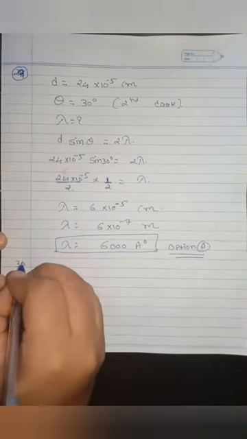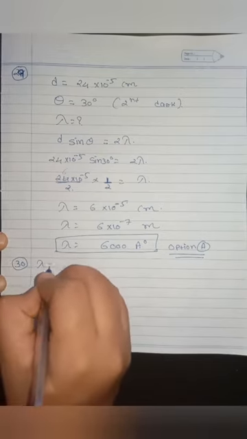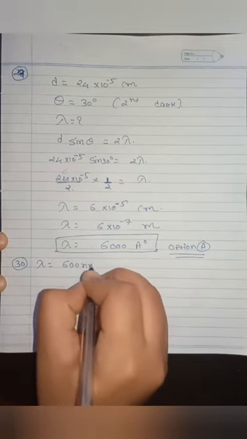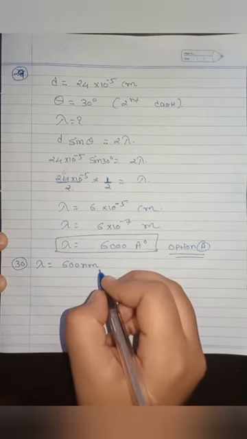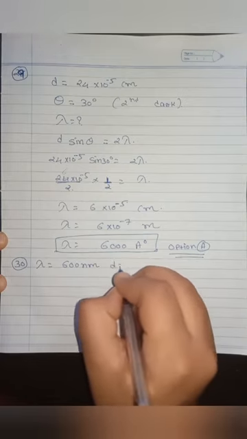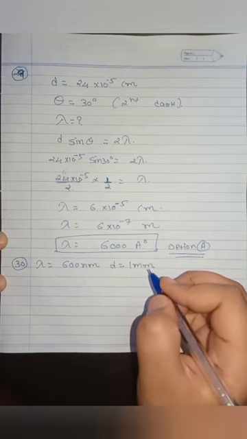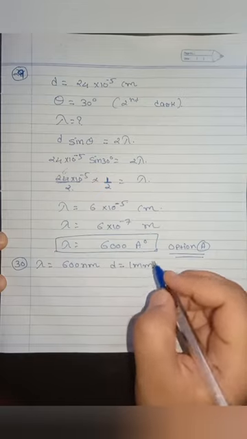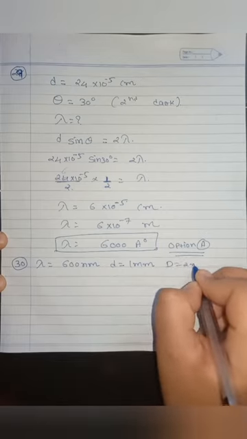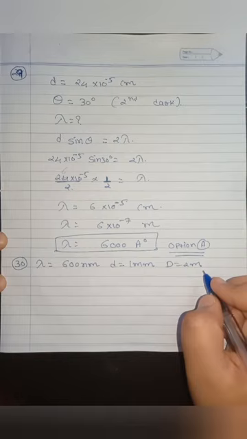In question number 30, a beam of light of wavelength 600 nanometer from a distant source falls on a single slit 1 mm wide, and the resulting diffraction pattern is observed on a screen 2 meters away. We want to find the distance between the first dark fringe on either side of the central bright fringe.